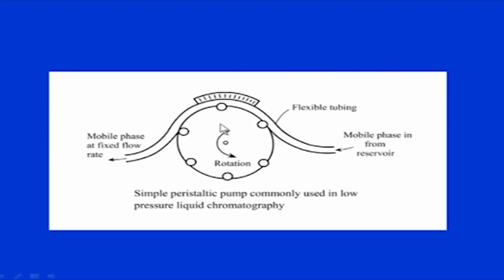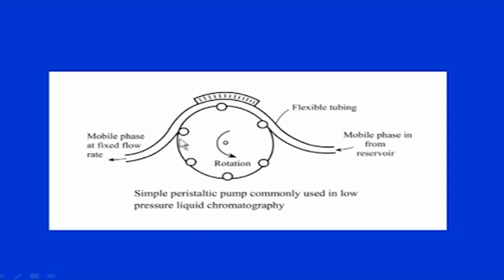This is a very simple schematic of a peristaltic pump. It is a roller type peristaltic pump, and you can see these rollers here. They compress the tubing as they revolve. Due to the compression, the mobile phase is sucked in from the reservoir and then supplied to the column at a fixed flow rate.